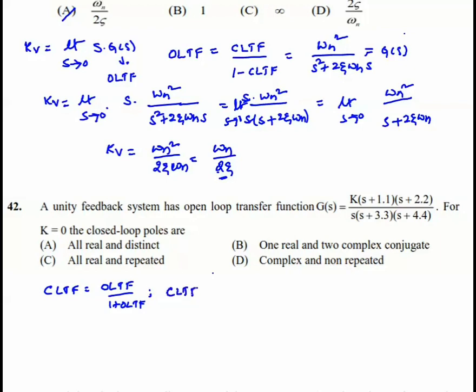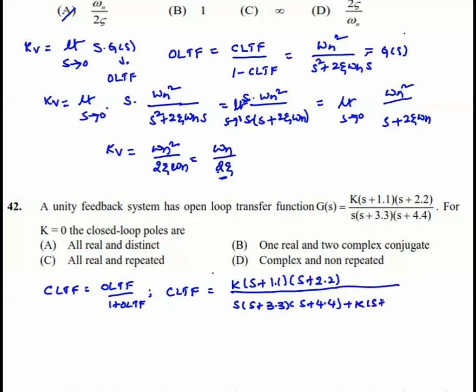So CLTF is equal to K into (s plus 1.1) into (s plus 2.2) divided by s into (s plus 3.3) into (s plus 4.4) plus K into (s plus 1.1) into (s plus 2.2).